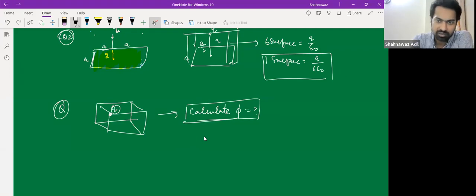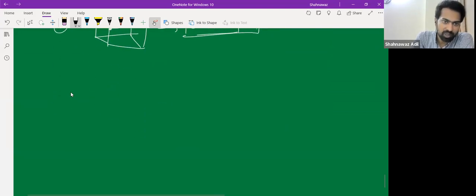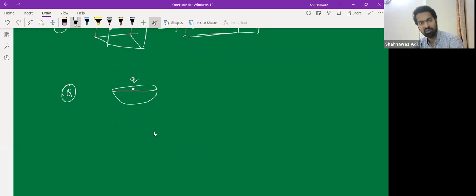And one more question. You have a charge which is placed at the center of a hemisphere. What would be the flux through it?